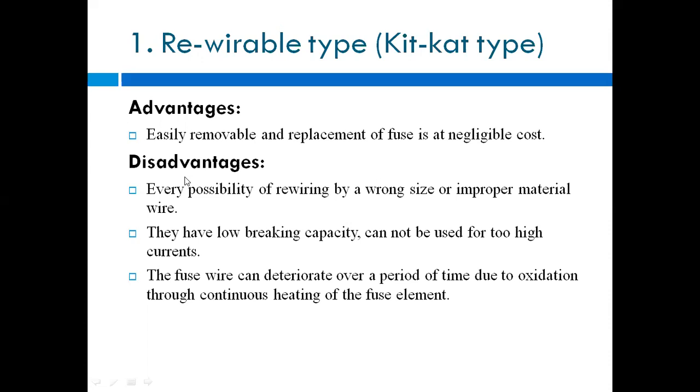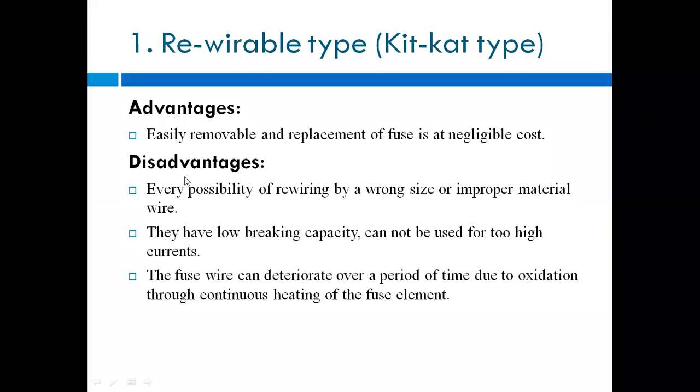Now the next disadvantage is they have low breaking capacity and cannot be used for too high currents. So these rewirable fuses cannot be used when very high currents are flowing through the circuit. The fuse wire can deteriorate over a period of time due to oxidation through continuous heating of the fuse element.